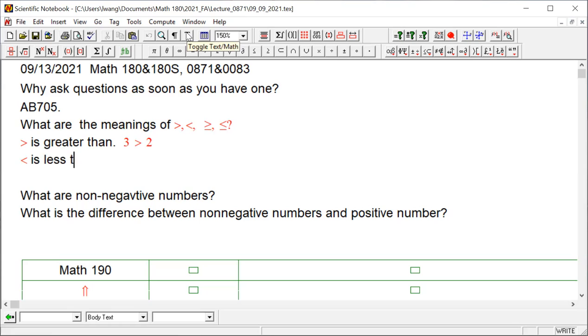For example, -2 is less than 5. So this symbol represents the phrase is greater than, and this one is less than. How about the other one? Greater than or equal to. Is greater than or equal to, not and.